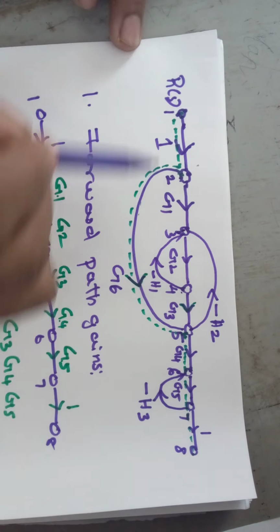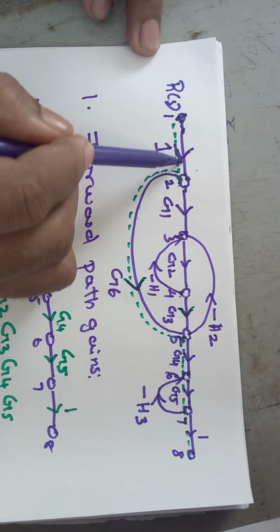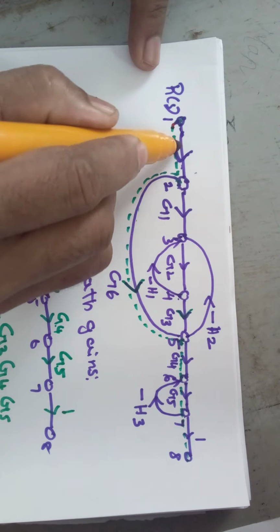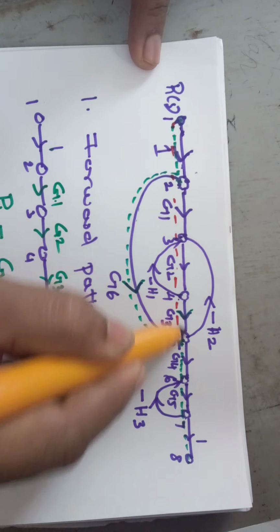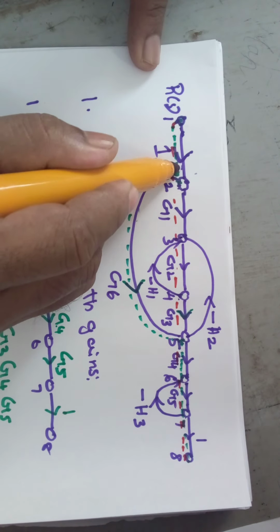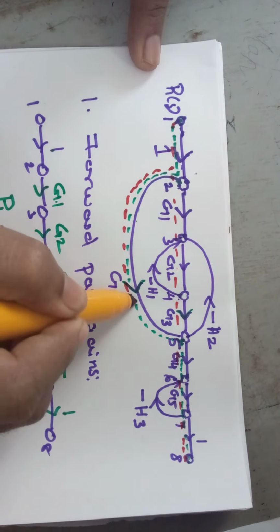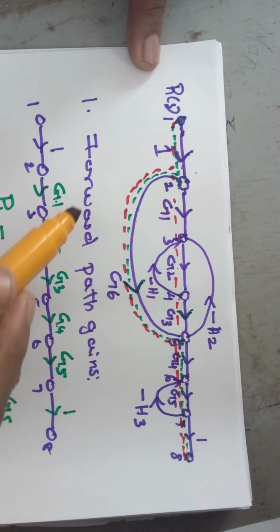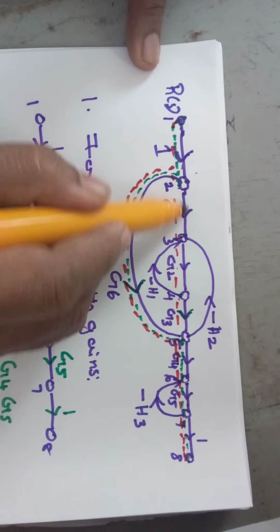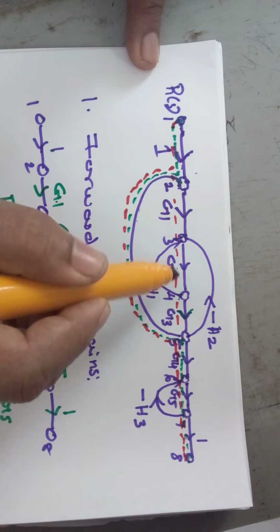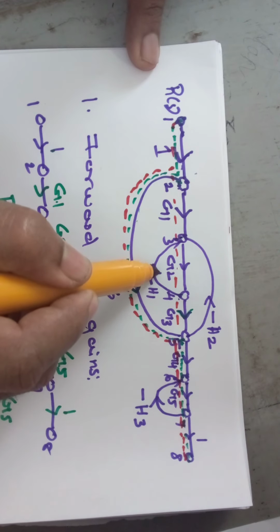There is no other forward path. This is one forward path: the signal can travel from node number 1 directly to node number 8 in this way. The other way the signal can travel is in this direction, and it can also reach the output node. If the signal is coming at node number 3, it cannot go to node number 4 through this way, because this is a reverse path.